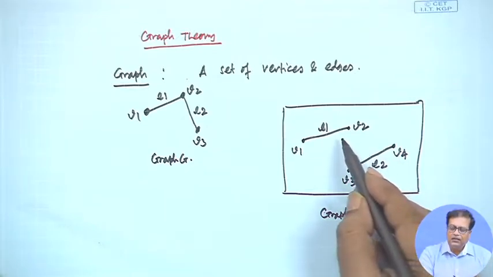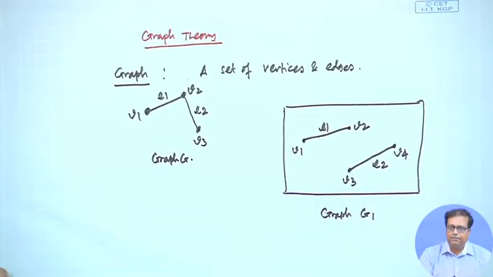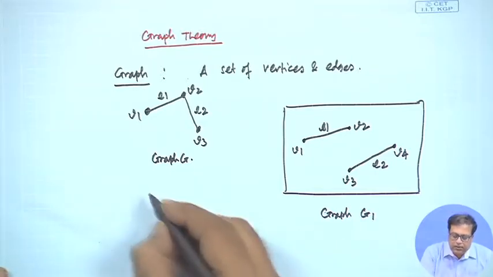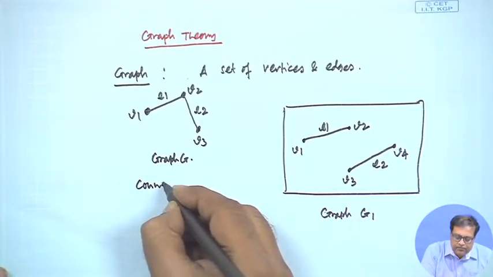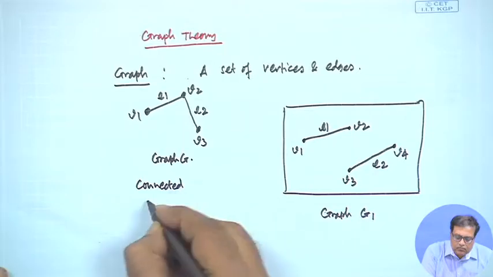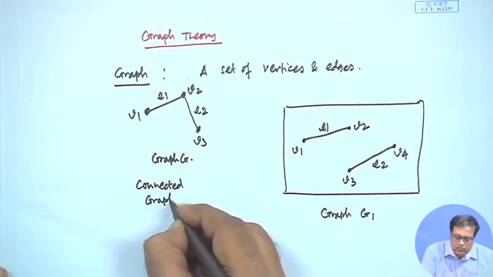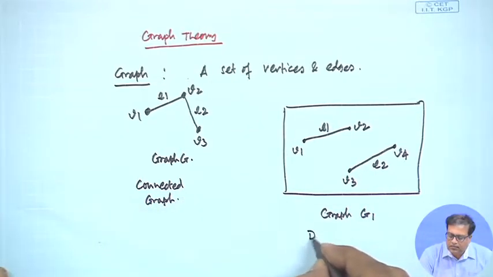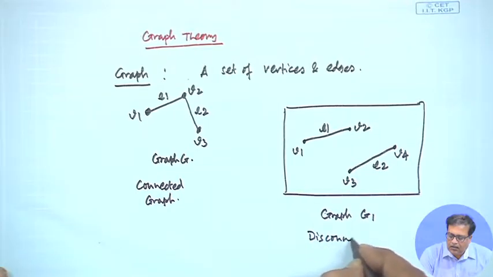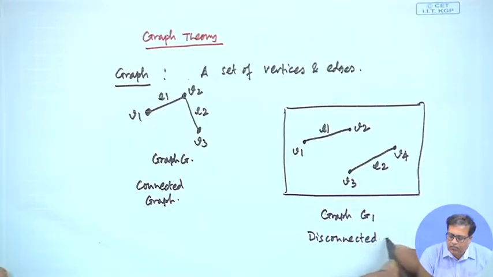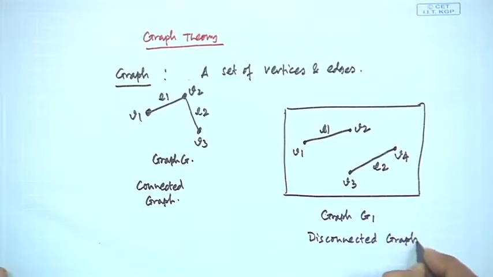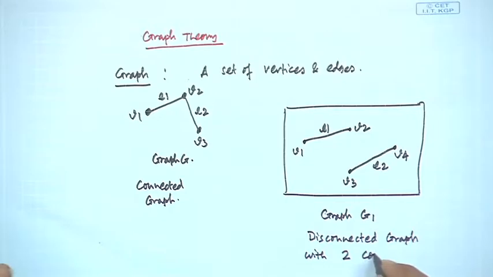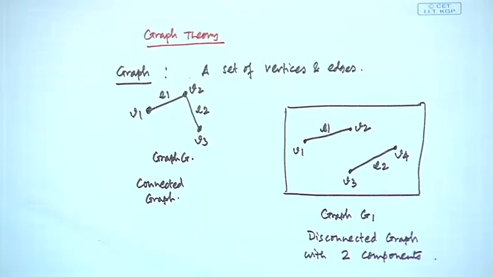A disconnected graph has got components, right. So this is a connected graph, and this is a disconnected graph with two components. Each component is a connected graph.